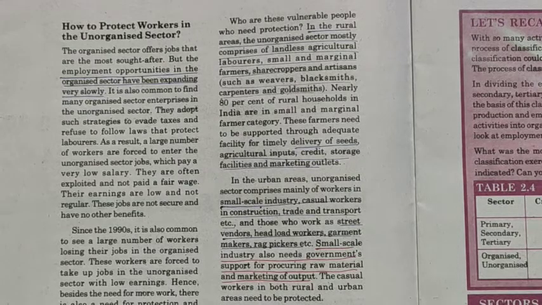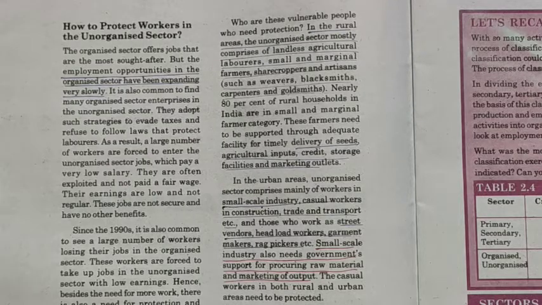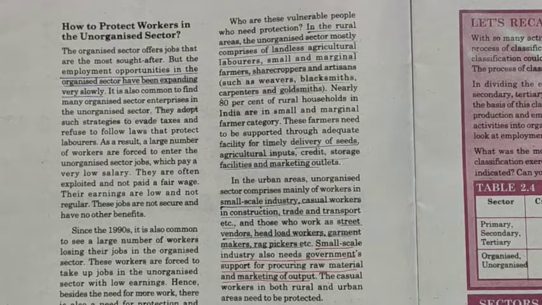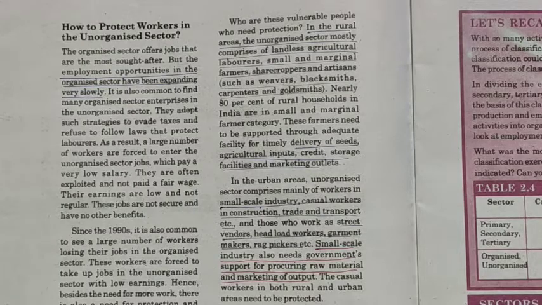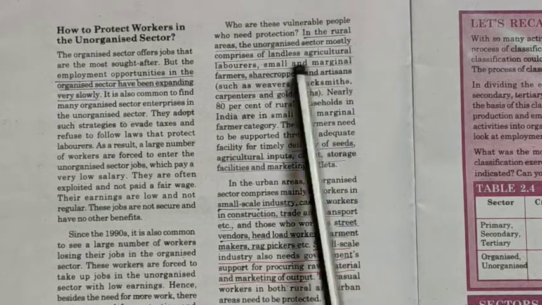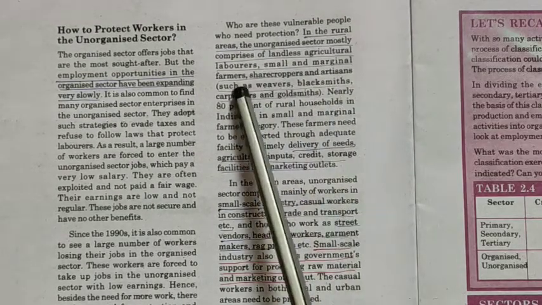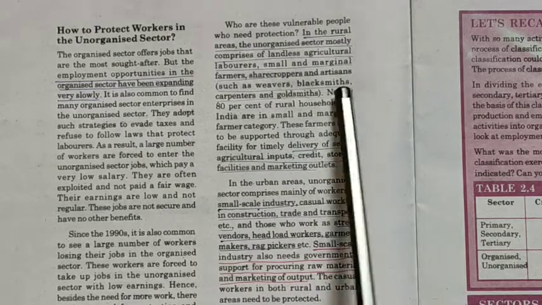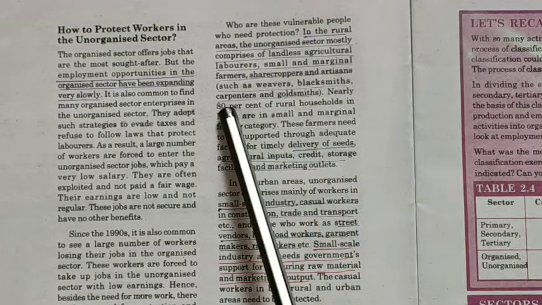There is a need for work, but besides this, there is a need for protection and support of the workers in the unorganized sector. In rural areas, the people who have joined the unorganized sector are landless agricultural laborers, small and marginal farmers, sharecroppers and artisans such as weavers, blacksmiths, carpenters and goldsmiths.